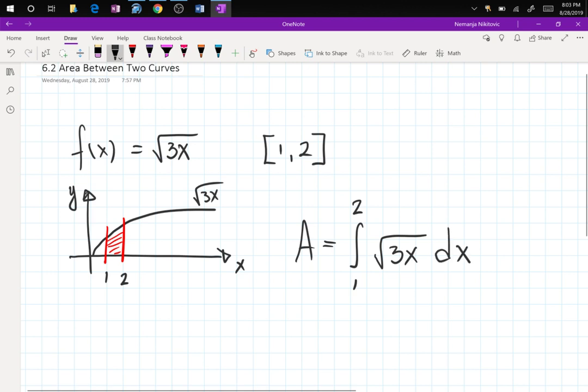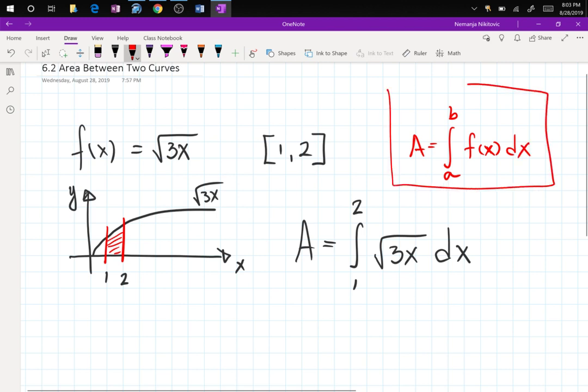So this is something you hopefully learned in Calculus 1. It tells you that the area is obtained by the formula integral from a to b of whatever the function f of x is times dx.